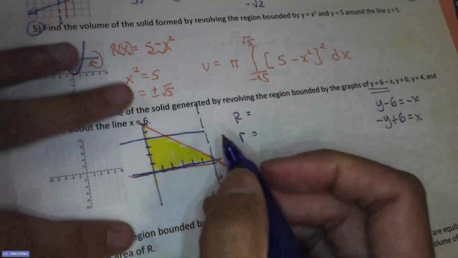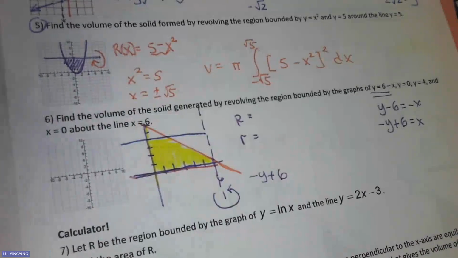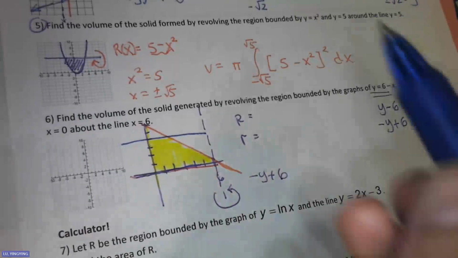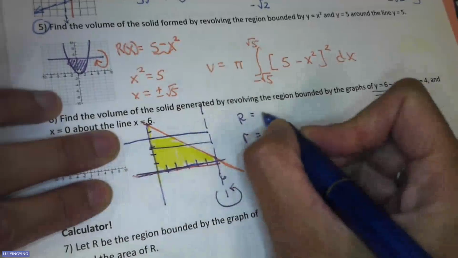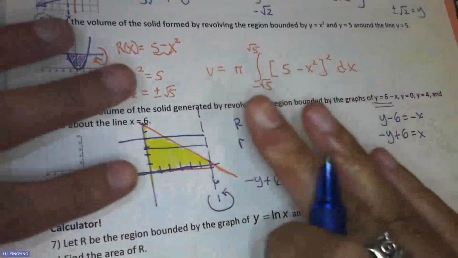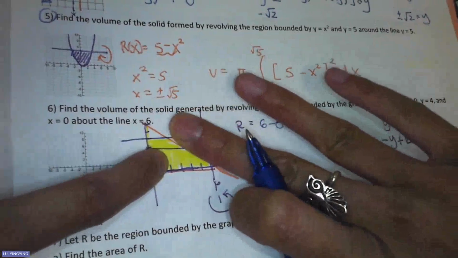How do I find the big R? What is big R, you think? From where to where? This is horizontal, so it's right minus left. What is right? What is left? 6 minus 0. Yes. What is the small r? Remember, we want the yellow part, so the part we don't want is this part, right?